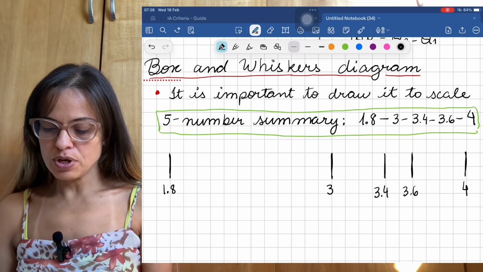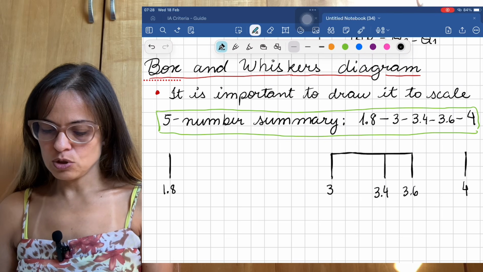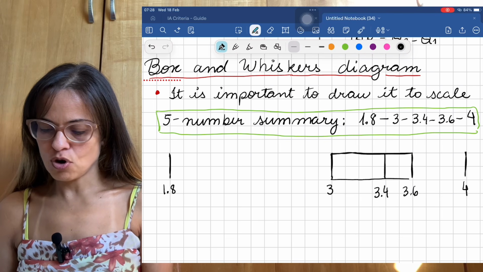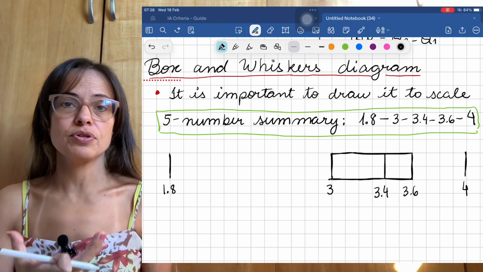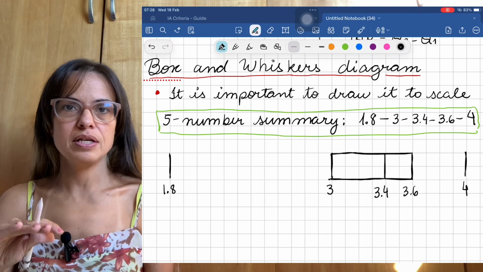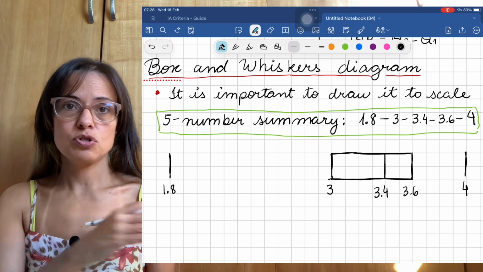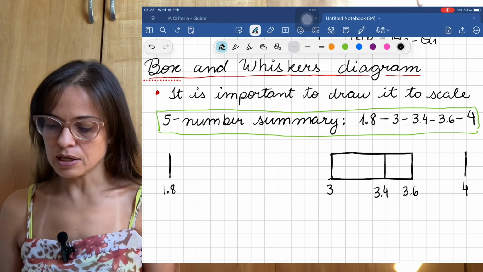Let's pick the 3 middle ones and close a box around it. That's where the box part of the name comes from. And we're trying to highlight it in the picture because we are focusing on the 50% in the middle of the data, right? So that the most extreme values to the left and to the right don't influence so much our perception of what the data set looks like.